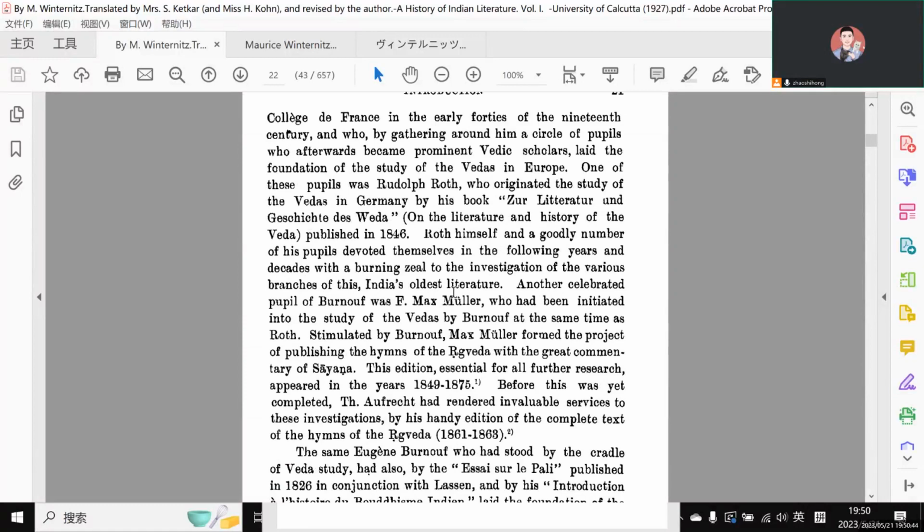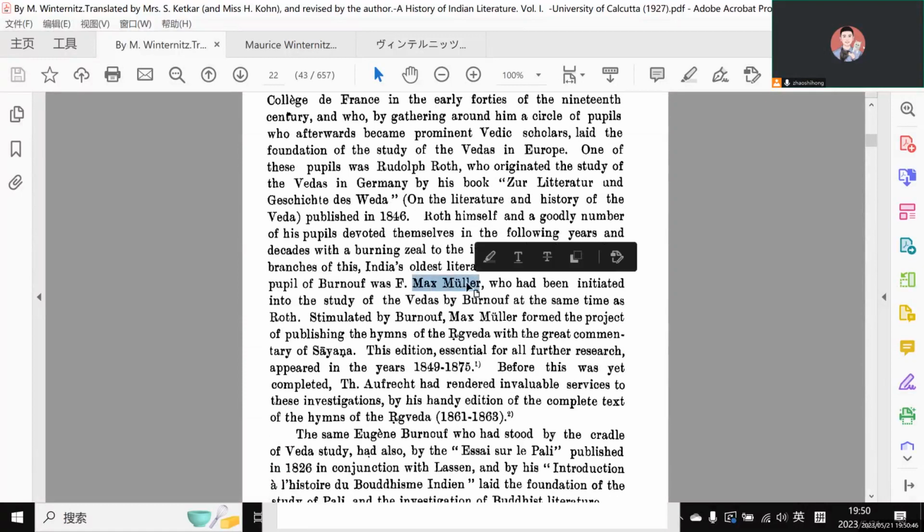Yes, Max Müller, also famous as a scholar of social studies. He had some books discussing his ideas and observations on Hinduism and Buddhism. That book I can recommend you have a look at.